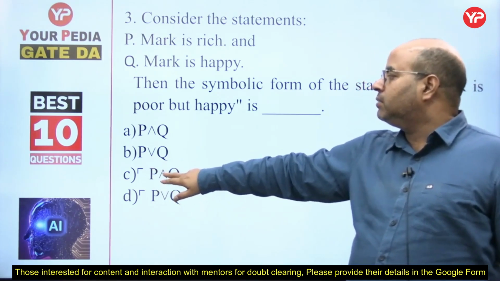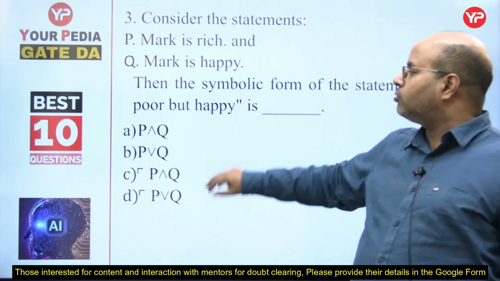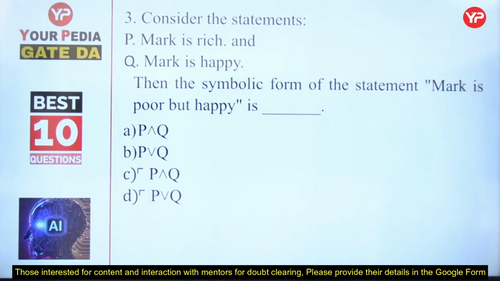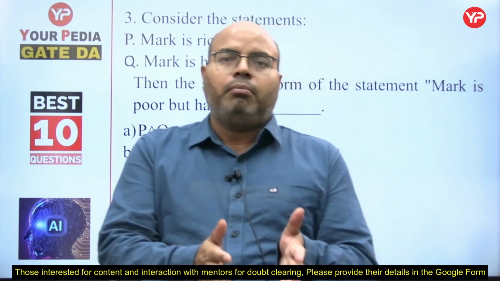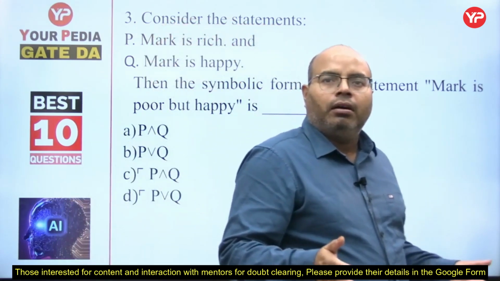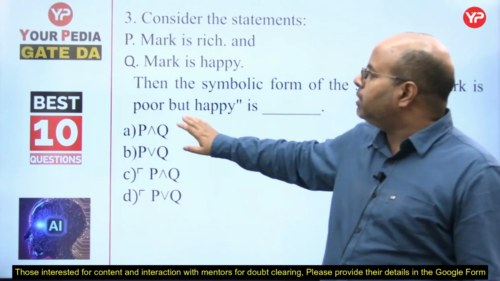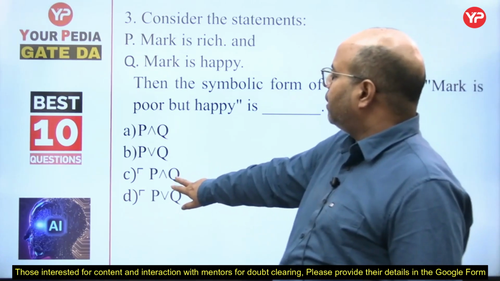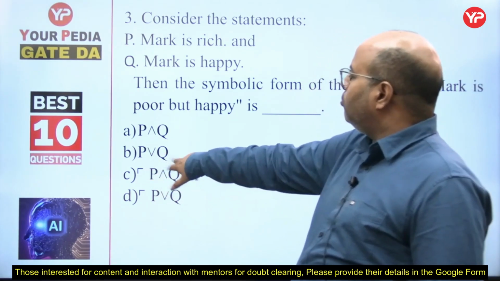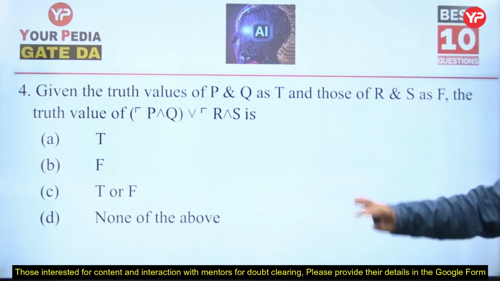We have to take negation of P. And Mark is happy, poor but happy, happy is there, so Q will be taken as it is. Now "Mark is poor but happy" means Mark is poor and happy. It's not that Mark is poor or happy, no. Mark is poor but happy means Mark is poor and happy. So we will have the AND symbol here. So negation of P and Q, that's the answer. C is the answer. Negation of P and Q.